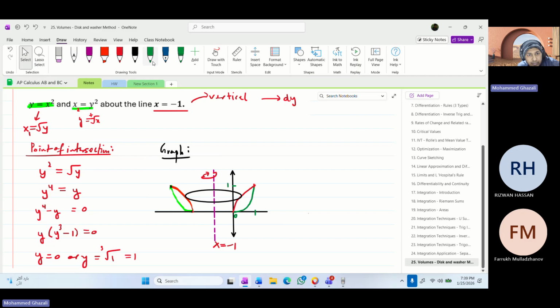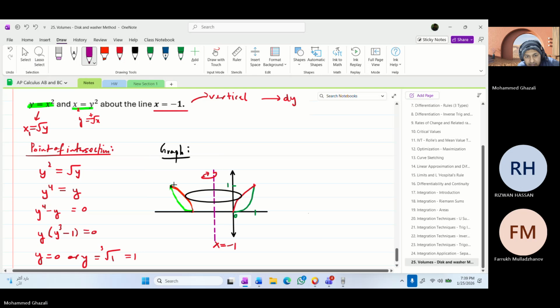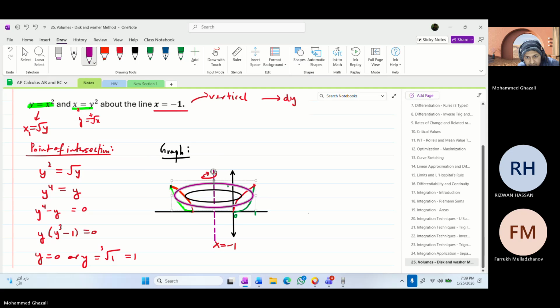That's a red one. Choose another color. And the outer cross section is here.